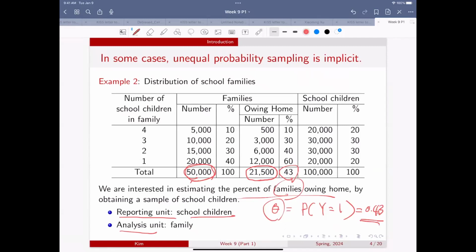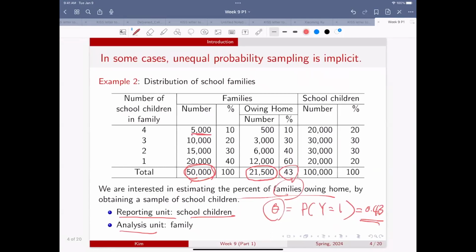But because of the distribution, this is not exactly correct. So what do I mean by that? So how do you get this one?